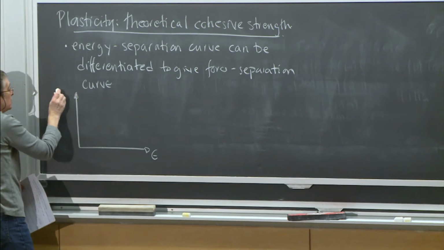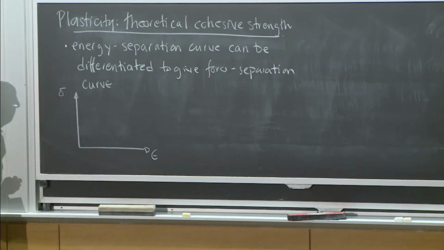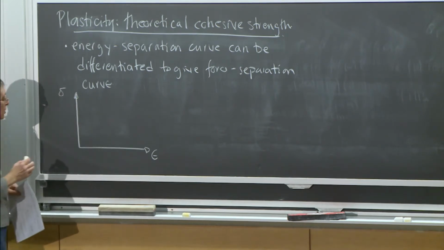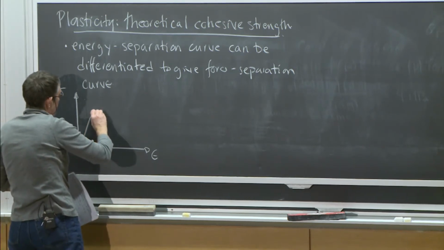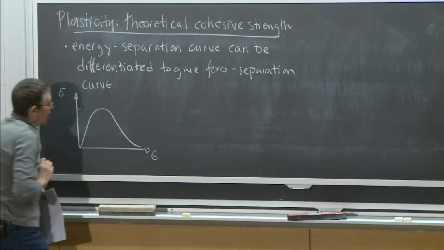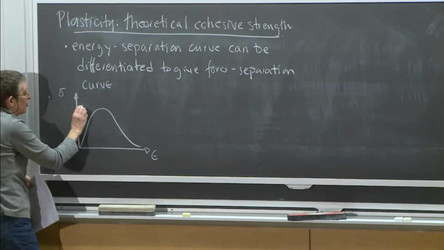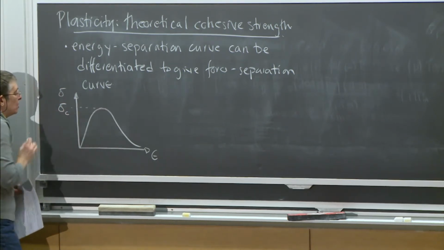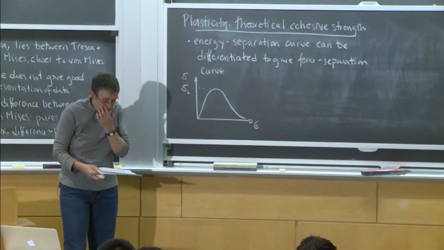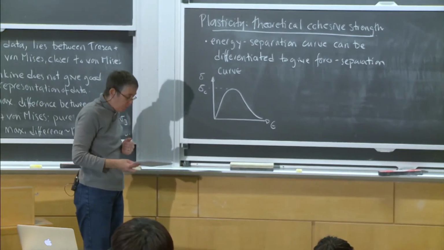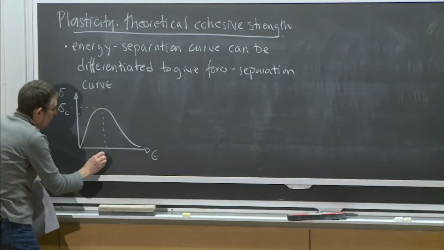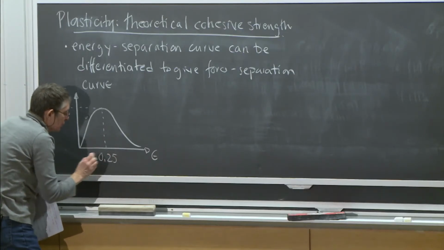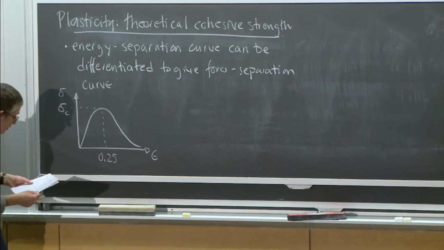Say we take the force and divide it by an area, and we take the separation divided by the initial interatomic spacing. We get stress versus strain. The curve has a shape somewhat like that, and we could think of this peak stress as the ideal cohesive strength. That would be the stress required to pull the atoms apart. It turns out that when you do this, you get a strain of about 0.25 there.